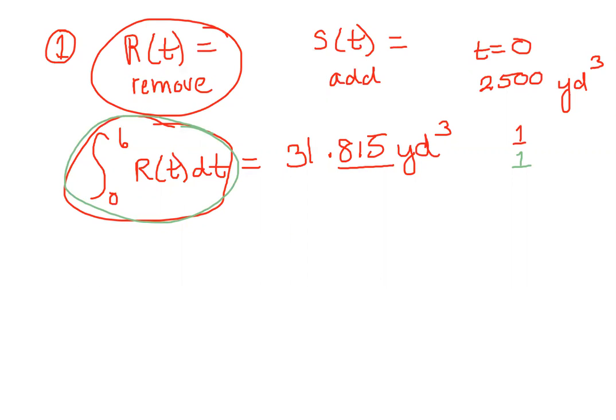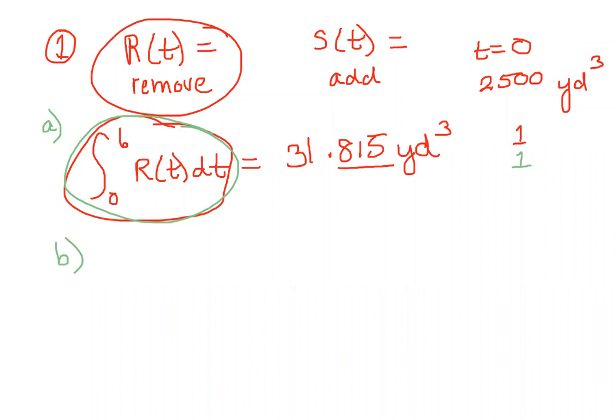So let's look at the next part. Part B: write an expression for y of t, the total number of cubic yards of sand on the beach at time t.